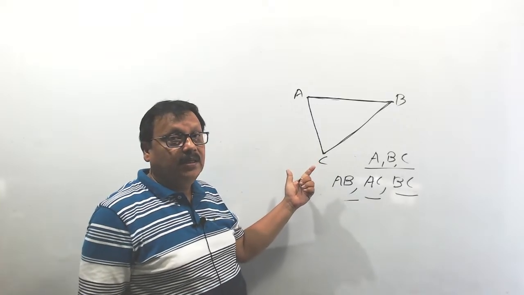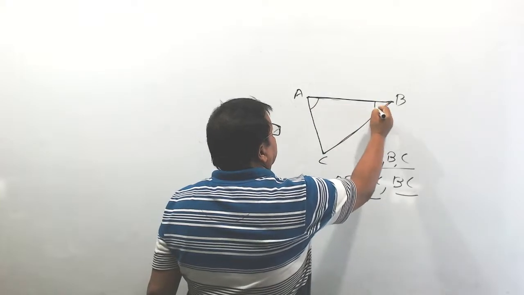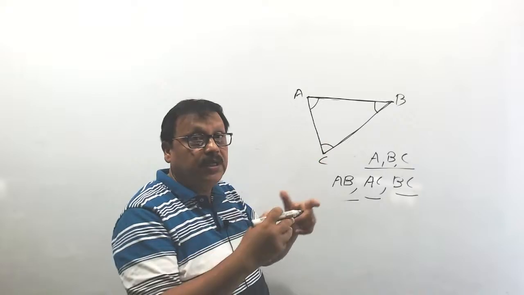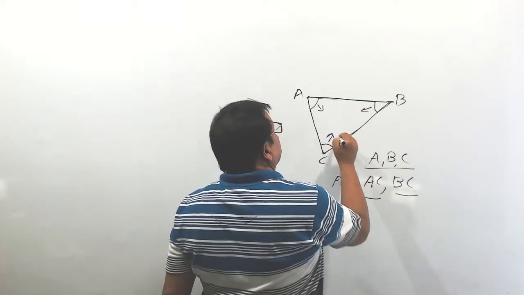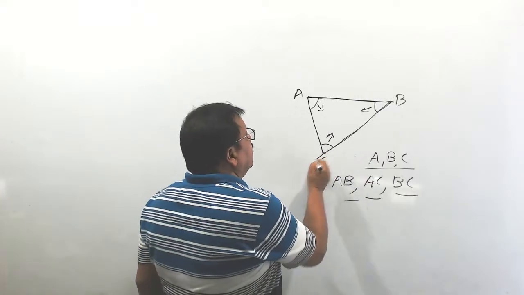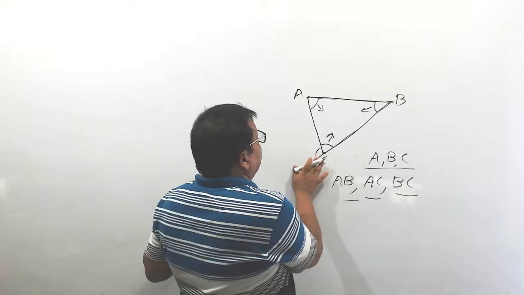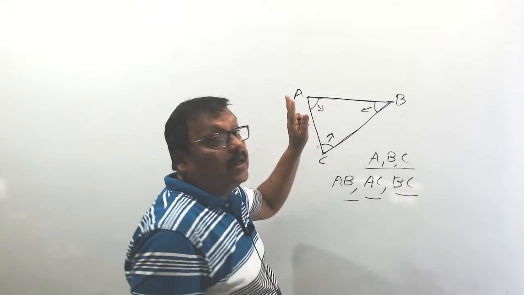Okay, and one more thing, three angles you will get. Three angles, of course, interior, inner side. So if you consider external, then it will be exterior angle. We're coming to that one by one. So three interior angles you will get.